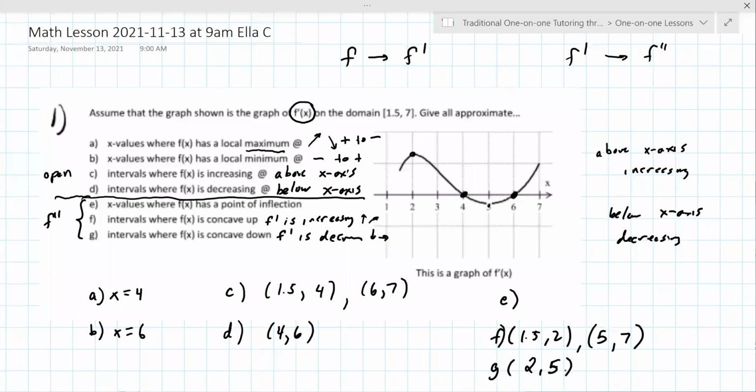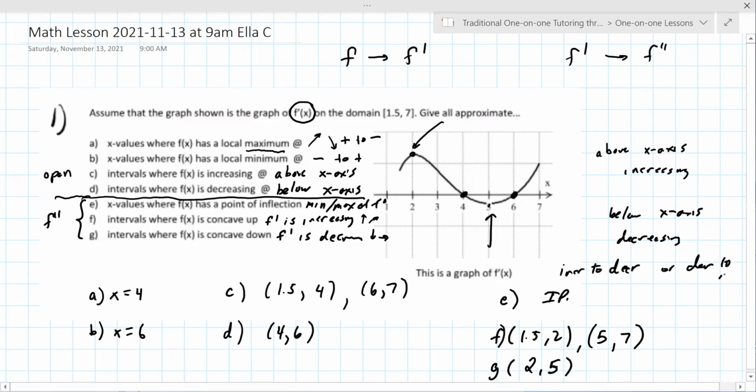So the points of inflection, you're looking for a min or a max of f prime. So we're looking there and then here at 5. And it's an inflection point if it goes from increasing to decreasing or decreasing to increasing.